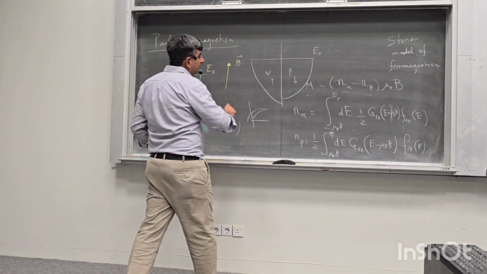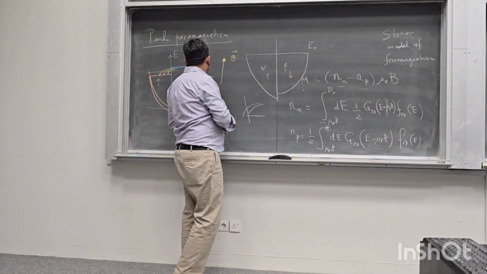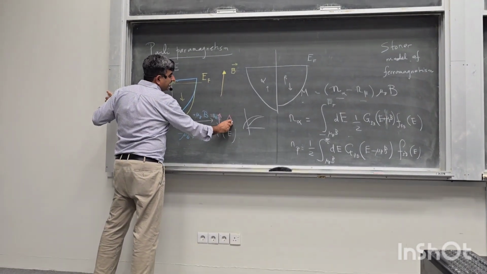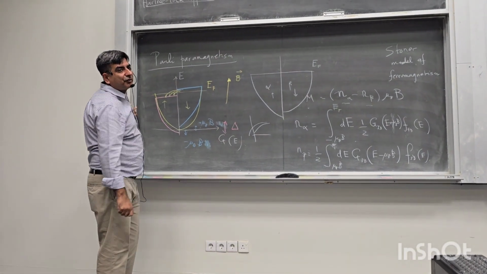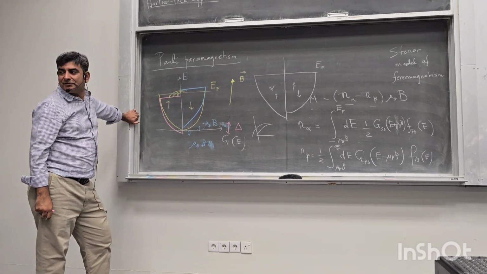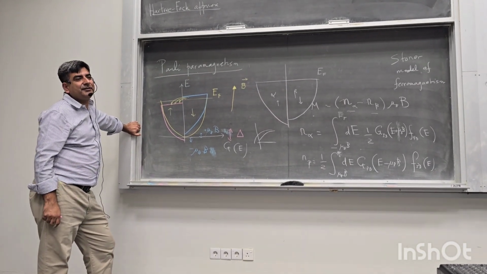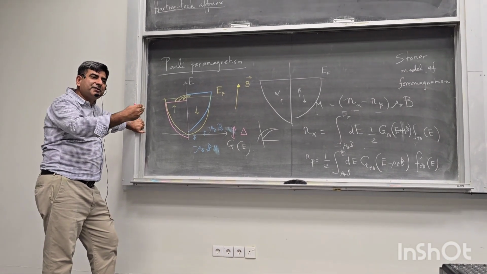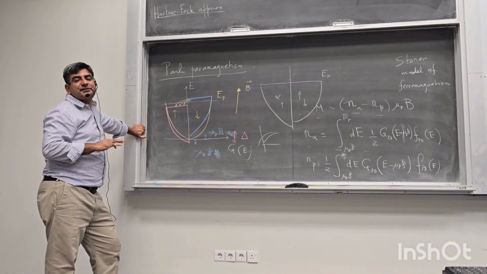But that delta over here, the delta that we have, this delta does not really come from an applied magnetic field. It comes from some spin polarization that already exists in the system.